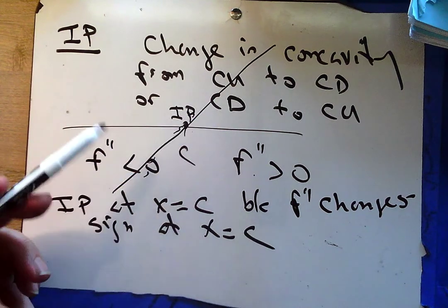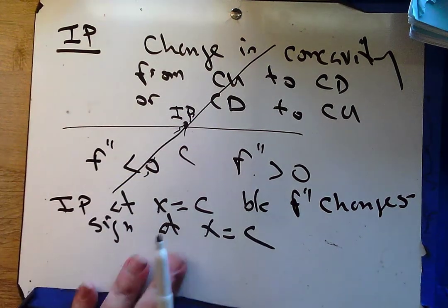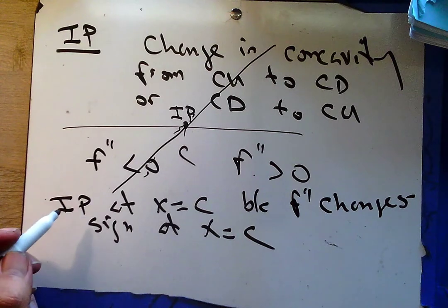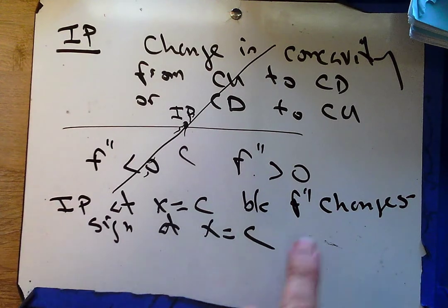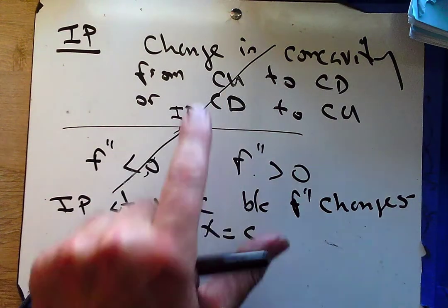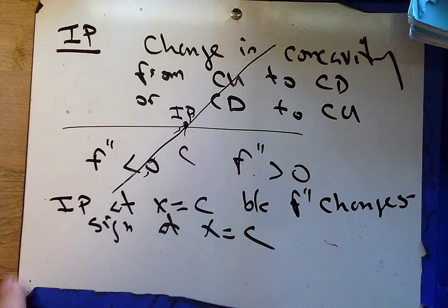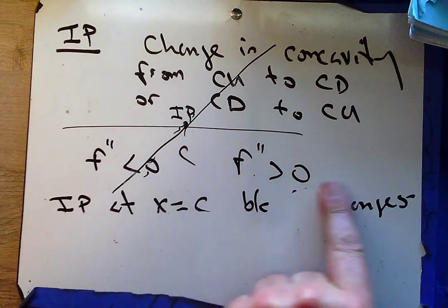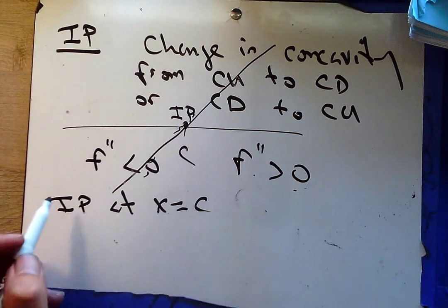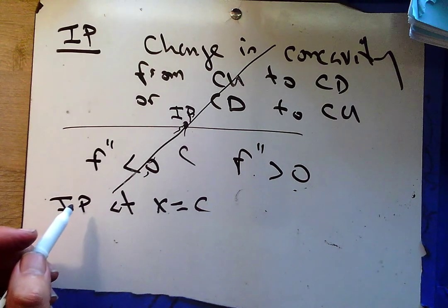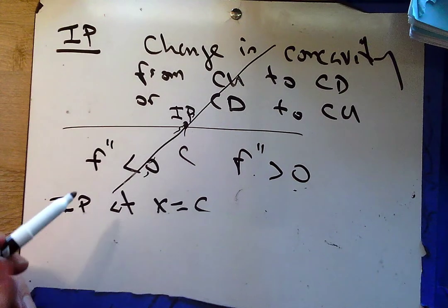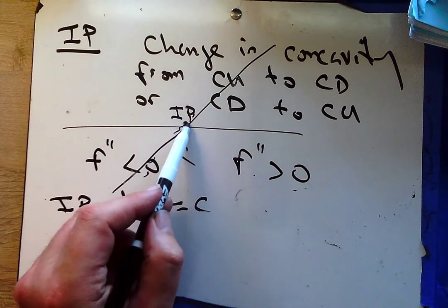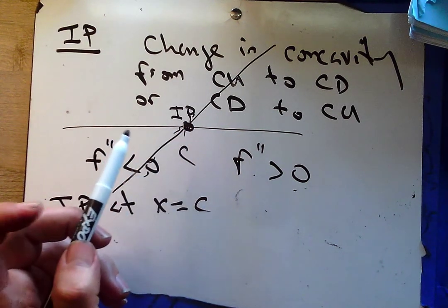So f double prime is negative, f double prime is positive, and that's equal to 0 with a sign change. So actually, I kind of want to take this a step further because we just talked about defending this inflection based on f double prime changing sign, either from negative to positive or from positive to negative. But what if we thought about this in terms of f prime? What must be happening on f prime so that on f double prime I have a 0 there?